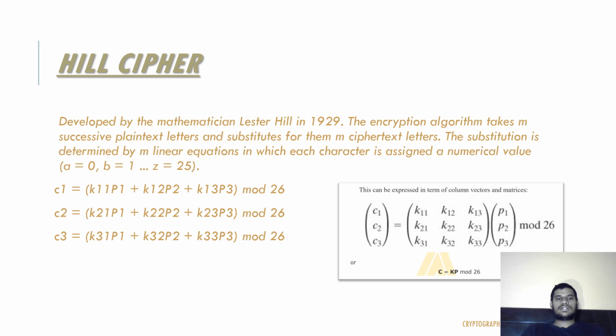You might be wondering why 25 when we have 26 letters, because we have a merged cell which is I and J, hence Z equals 25. And we have a formula C1, C2, C3, which is given by K11 P1 + K12 P2 + K13 P3 mod 26, where 11 and 12 represent ij, which are the rows and columns of a matrix, multiplied and taken mod 26.